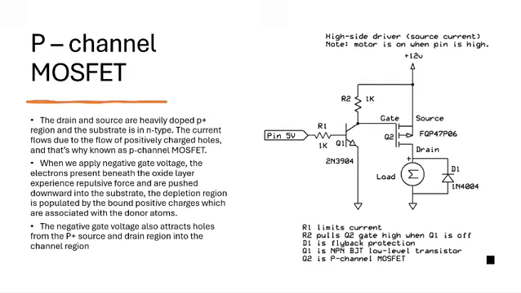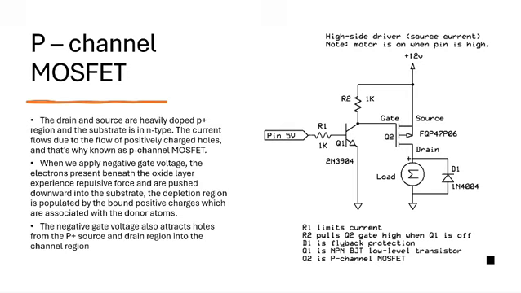P-channel MOSFET. The drain and source are heavily doped P-plus regions, and the substrate is N-type. The current flows due to the flow of positively charged holes, and that is why it is known as a P-channel MOSFET.